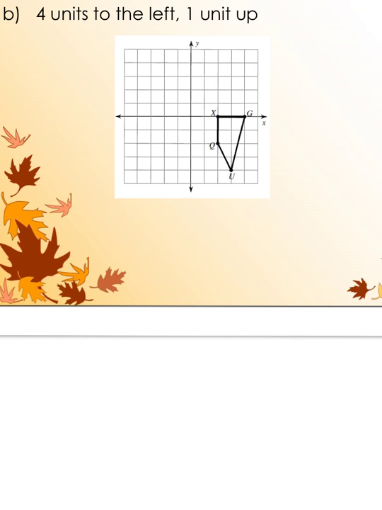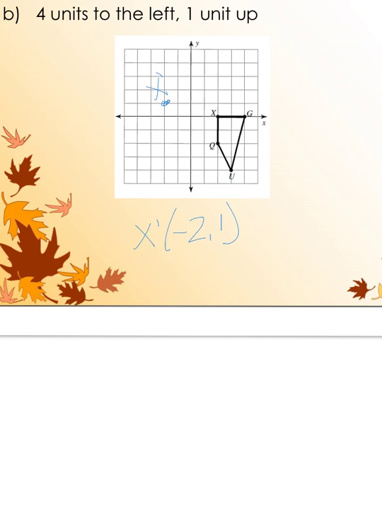So I'm going to start with X, 4 units to the left. 1, 2, 3, 4, up 1. And again, make sure you're doing all the movements with it. Some students will forget to go that 1 unit up. So X prime is here. So X prime is at -2, 1.